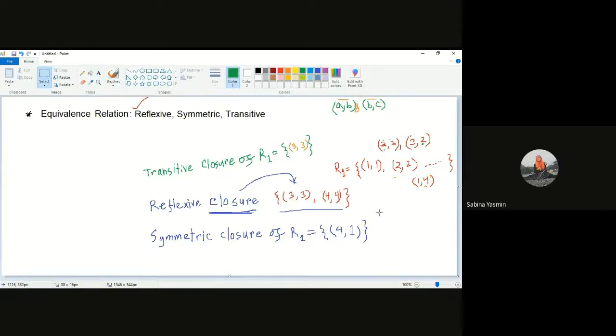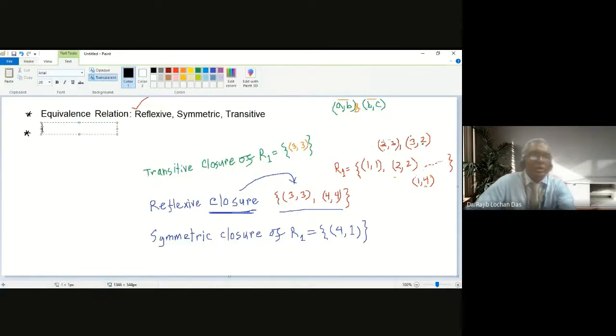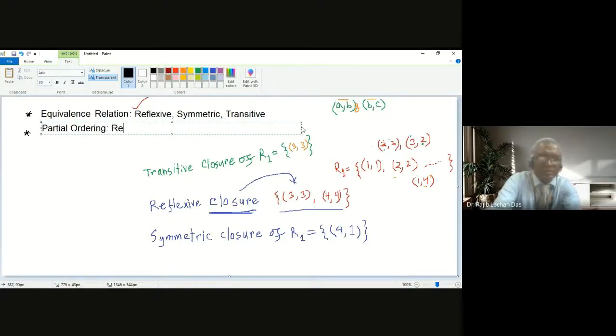Yes, sir. Okay, so that was the other thing I wanted to tell, and let me tell you the other name of relation. Another type of relation is called partial ordering. This type of relation is reflexive, antisymmetric, and transitive.